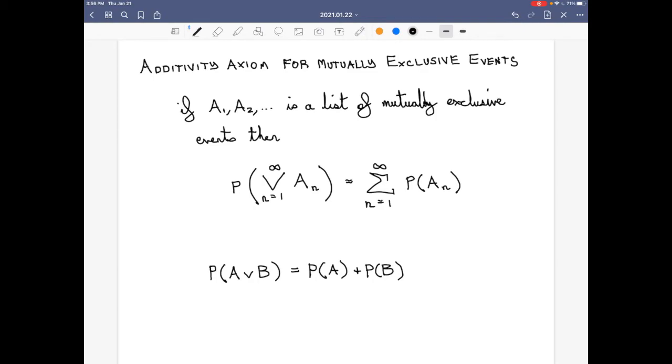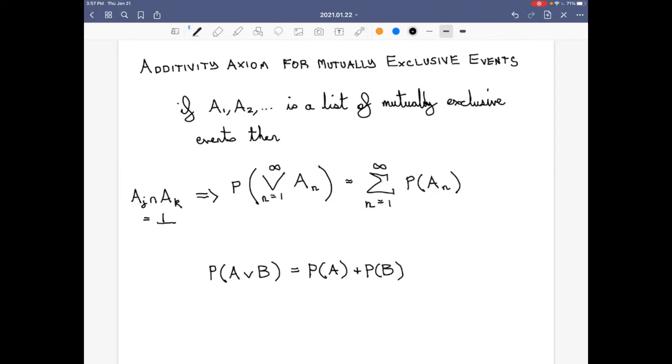And so the third axiom we're discussing here is what we're going to call the additivity axiom for mutually exclusive events.